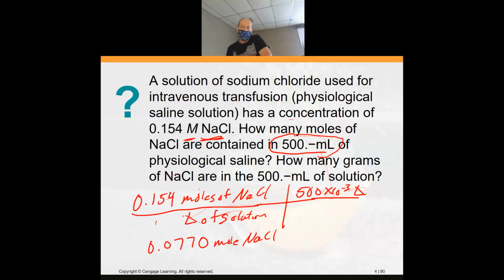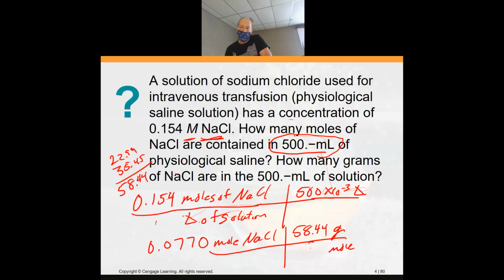Then it says how many grams of NaCl are in this solution. So now we need grams per mole, which is on the periodic table. So you add up sodium 22.99, chlorine 35.45, and you get 58.44. So you have 58.44 grams per 1, if you don't like it to be there by itself, mole. Grams per mole means grams per 1 mole.